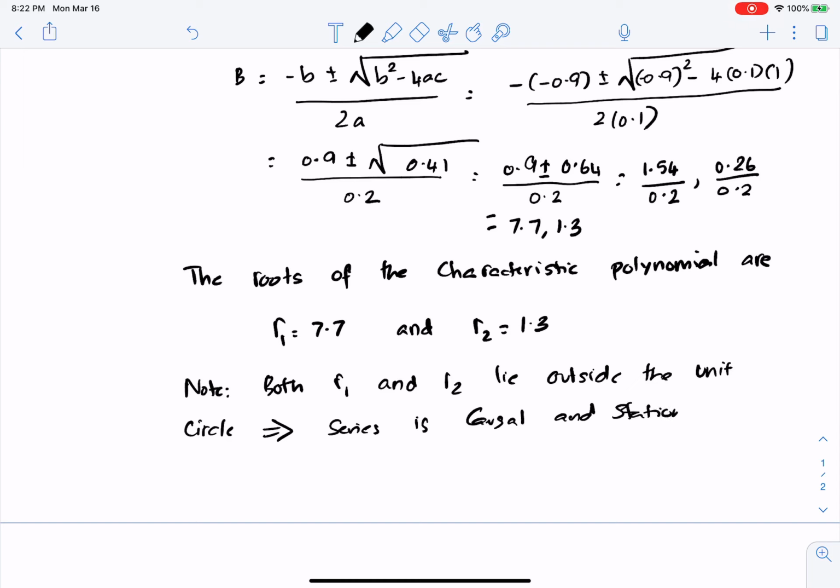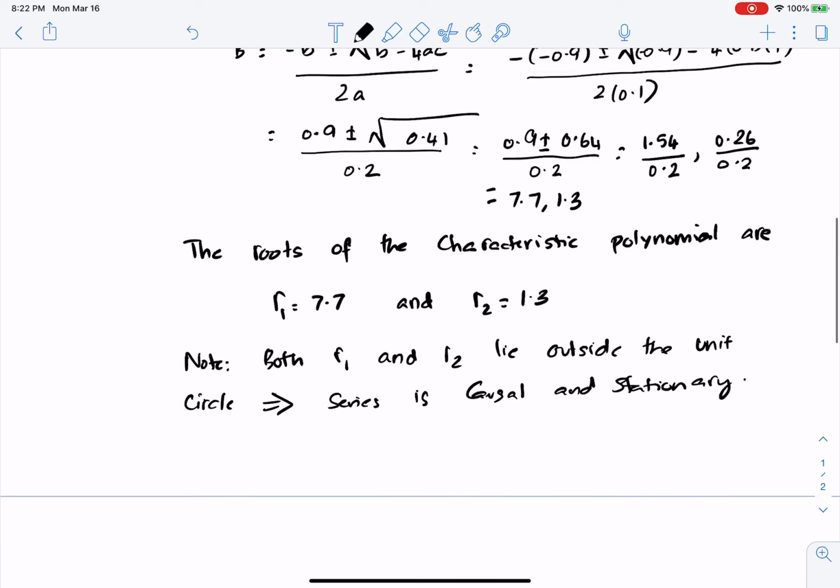You may recall that stationarity and causality are important conditions that we need in a time series if we want it to be autoregressive. So a series is guaranteed to be causal and stationary if the roots lie outside the unit circle.